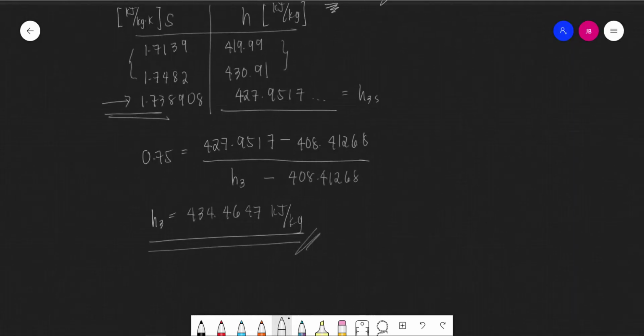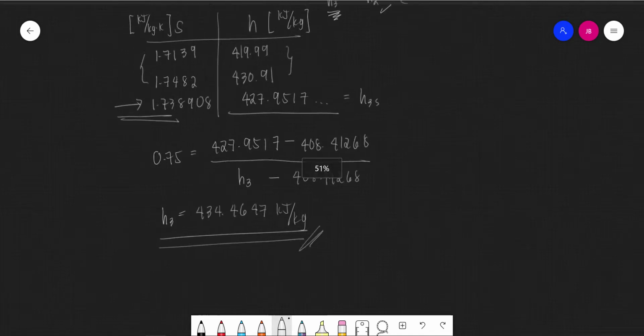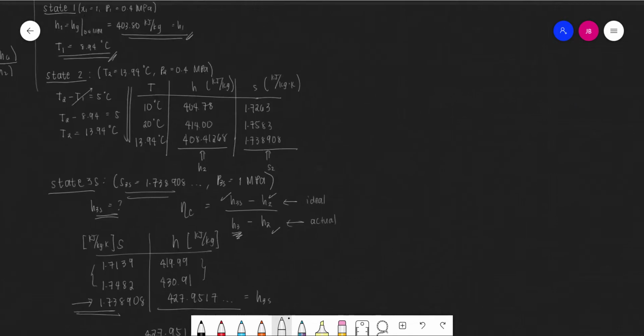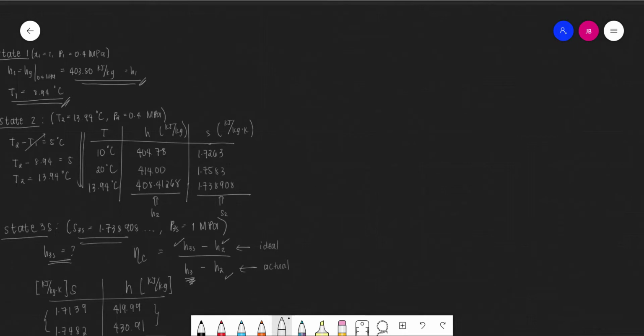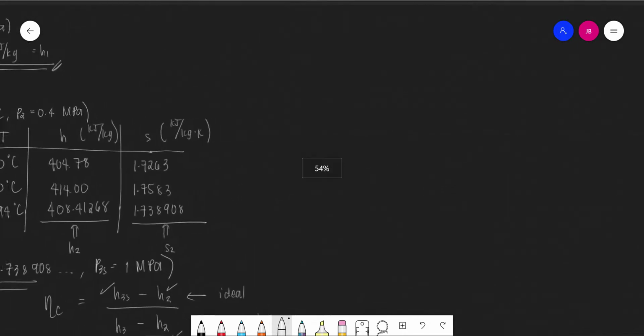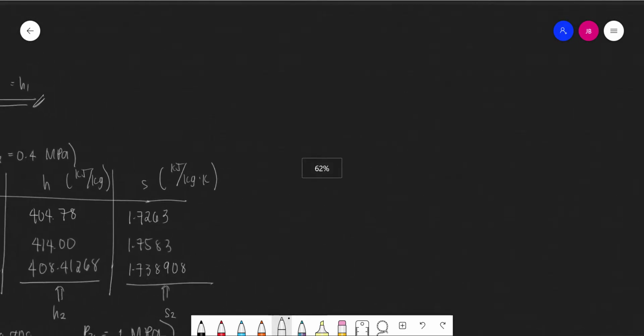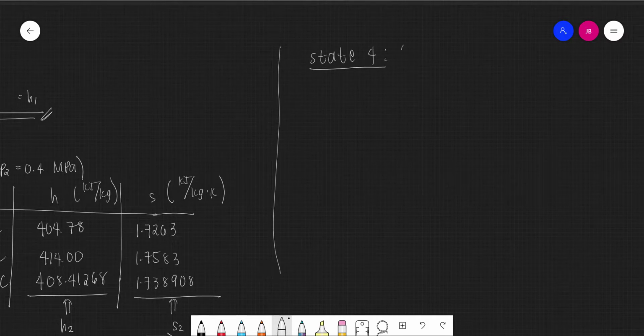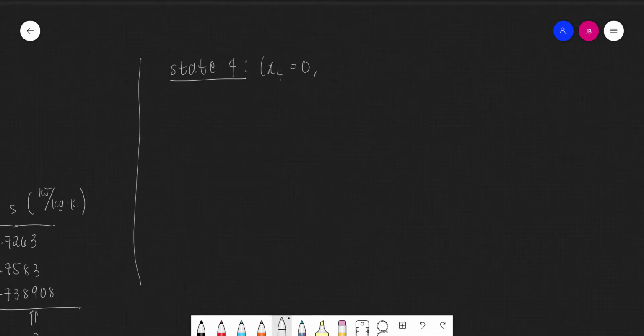Okay, let us now solve state 4. State 4 is relatively easy. Why? Because we know that state 4 is a saturated liquid. So, let's write it down here. The quality at state 4 is just going to be equal to 0. And the pressure at state 4, if we inspect our pH diagram, is just going to be equal to 1 megapascal.